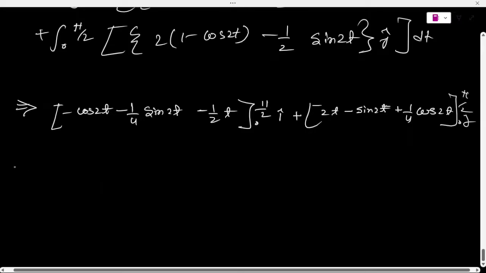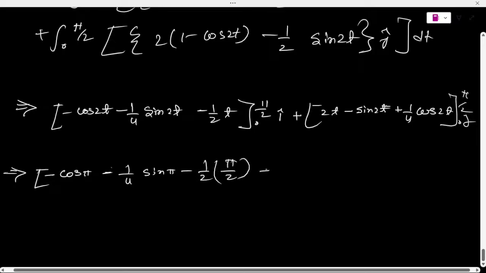Then what will be the ultimate result? So the ultimate result will be minus cos pi, minus 1 by 4 sin pi, minus 1 by 2 pi by 2, plus cos of 0 degree, plus 1 by 4 sin 0, and plus 1 by 2 into 0, into i cap.